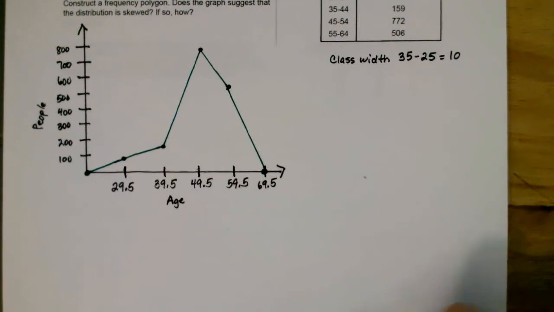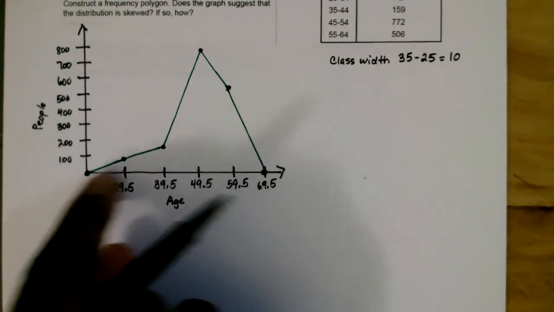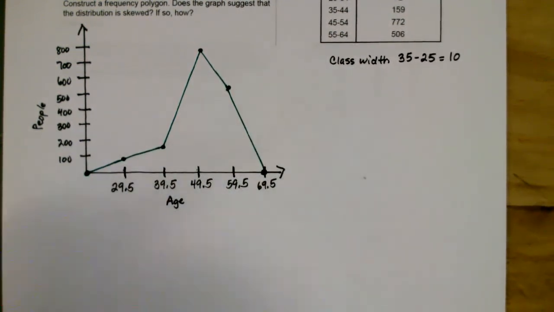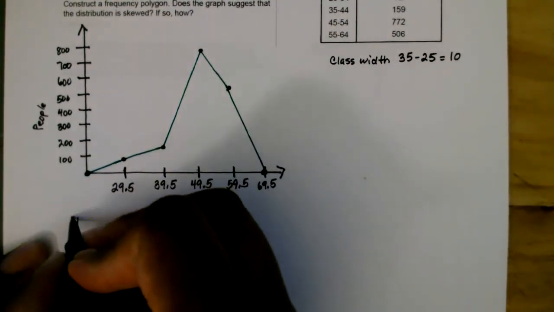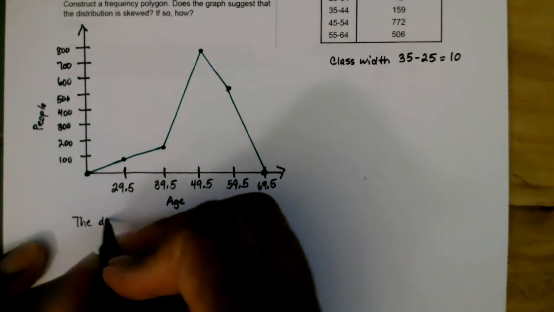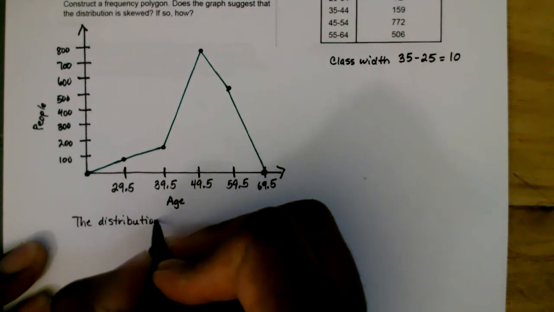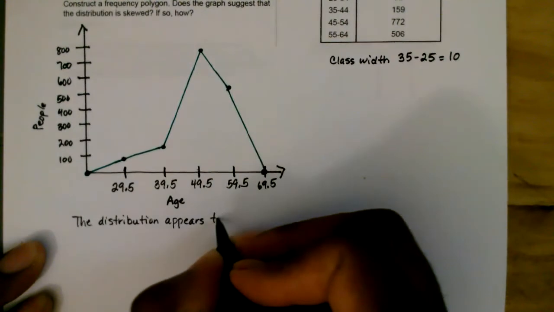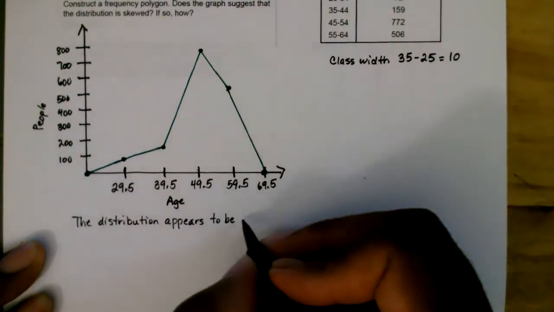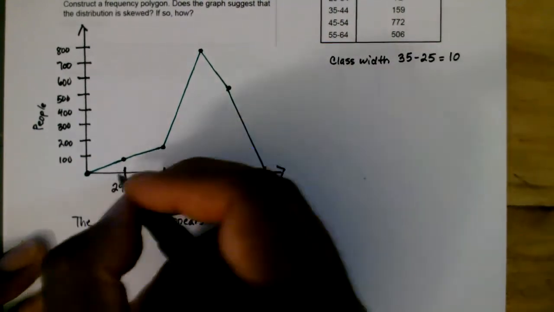Now, we did talk about skewness in the last videos of section 2.2. So here it is skewed to the left because it has a long tail on the left side. So we can say here that the distribution appears to be skewed, and notice it's skewed to the left.